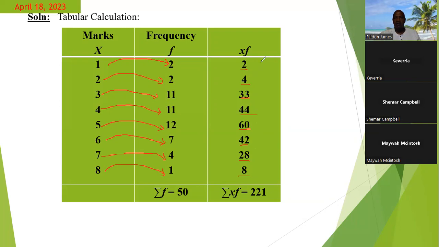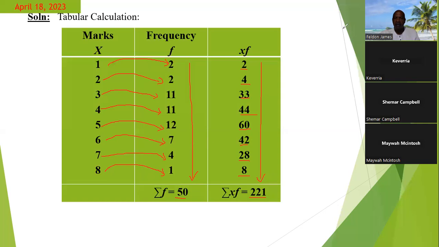So next, what we do is just add up what we have in this column. When you add up those, you should get 221. So that would be the sum of all the values, the sum of XF. Now you also need to add up all the frequencies to tell you how many values you have in total. So in other words, the sum of the frequency gives you 50, so it means that you have 50 values that you're adding up.